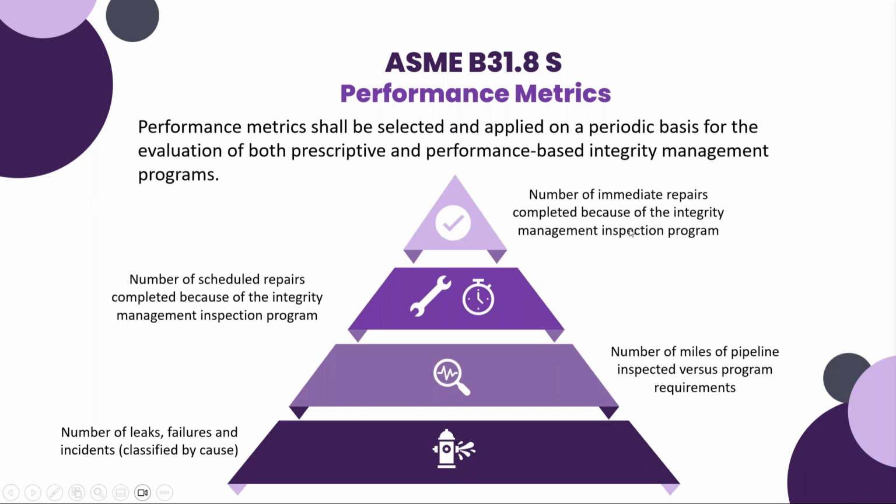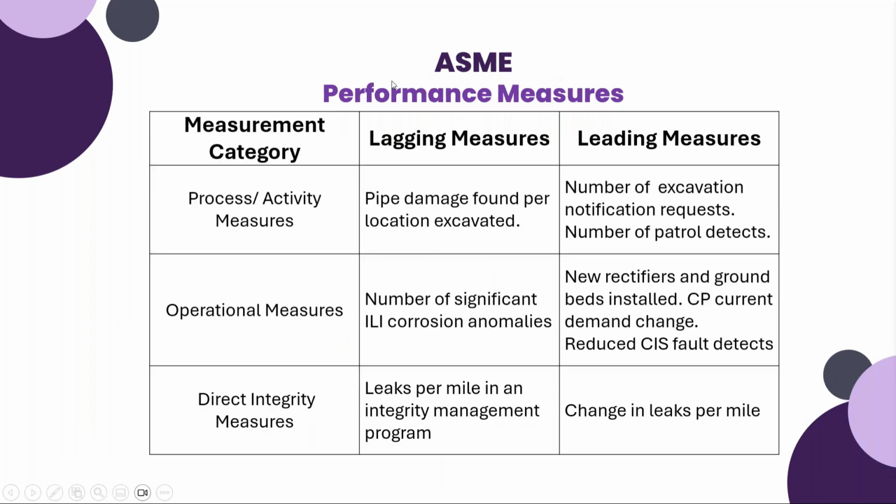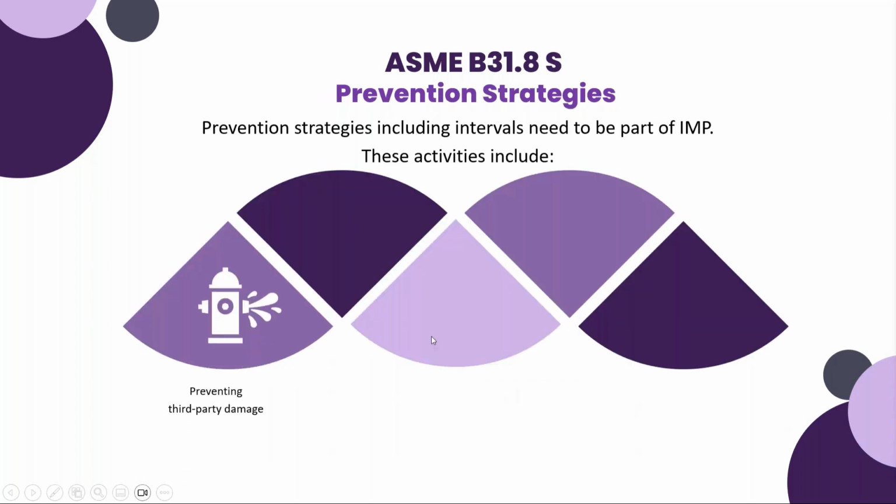So we kind of reversed ordered it, but I just wanted to show you what we should be thinking about. And immediate is like immediate. We need to look at performance measures, the processes, lagging and leading. Hopefully it's not leaks per mile and so on, but we need to get beyond that.